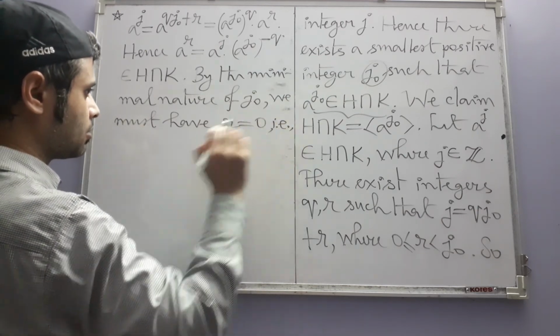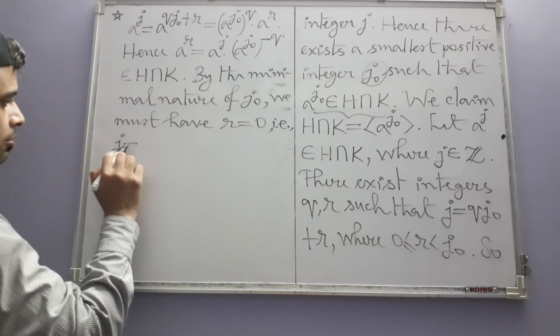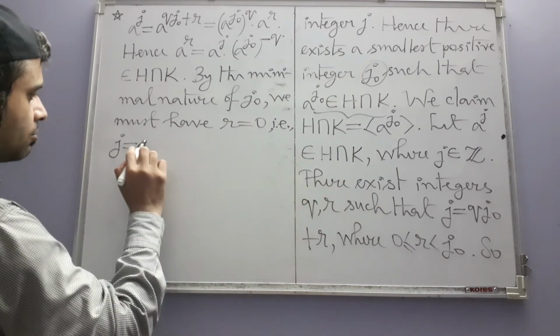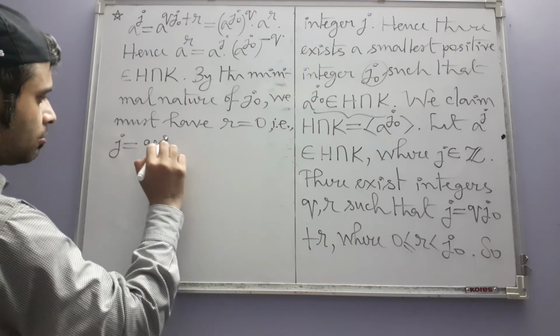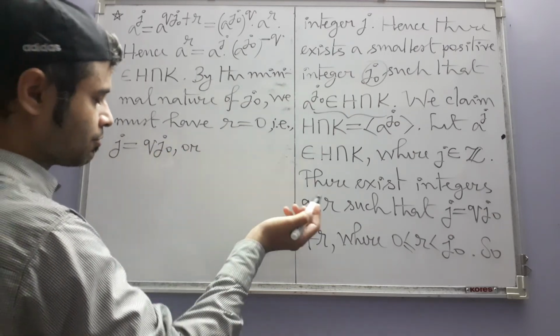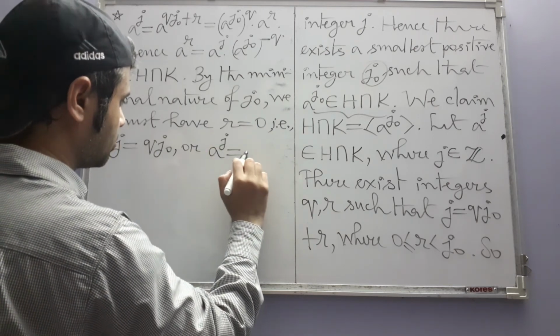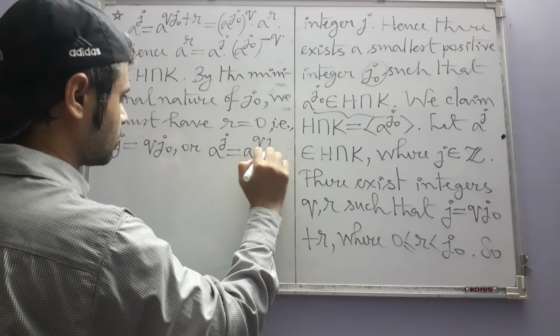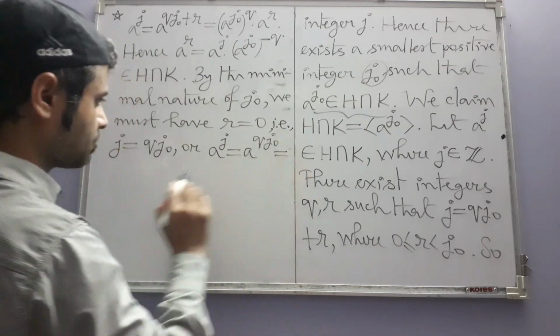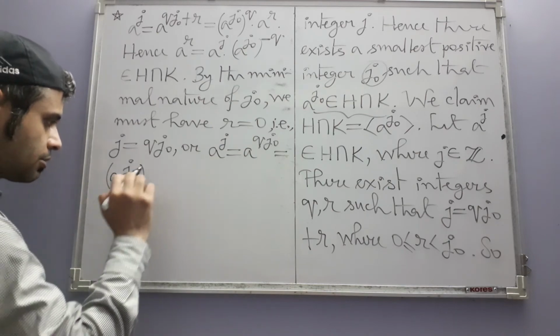And what is the consequence of that? That is, j then must be equal to q j naught, and a consequence of that in turn is that a to the power j equals a to the power q j naught, which by one of the rules of exponents equals a to the power j naught raised to the q.